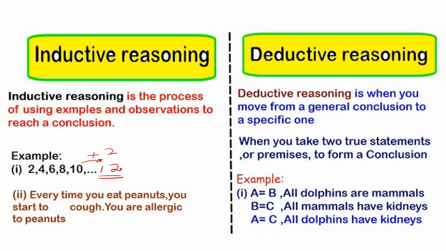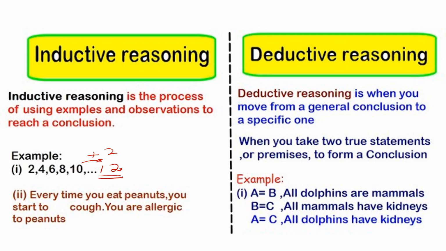Whereas deductive reasoning is based on some rules, some exact facts, so we can say that the general conclusion comes because of some specific rule. So A equals B, 2 plus 2 equals 4.